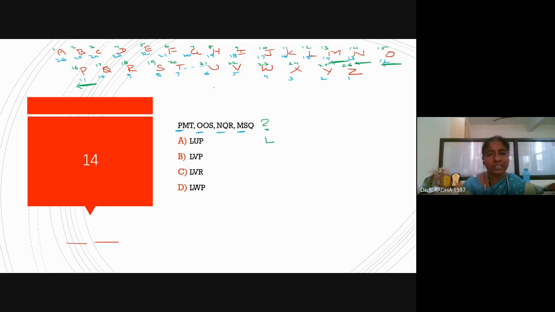So the first letter of the question mark should be L. Next, I am going with the second letters in the given question. M. After M, it is O. After O, it is Q. After Q, it is S. One letter they are leaving each time.